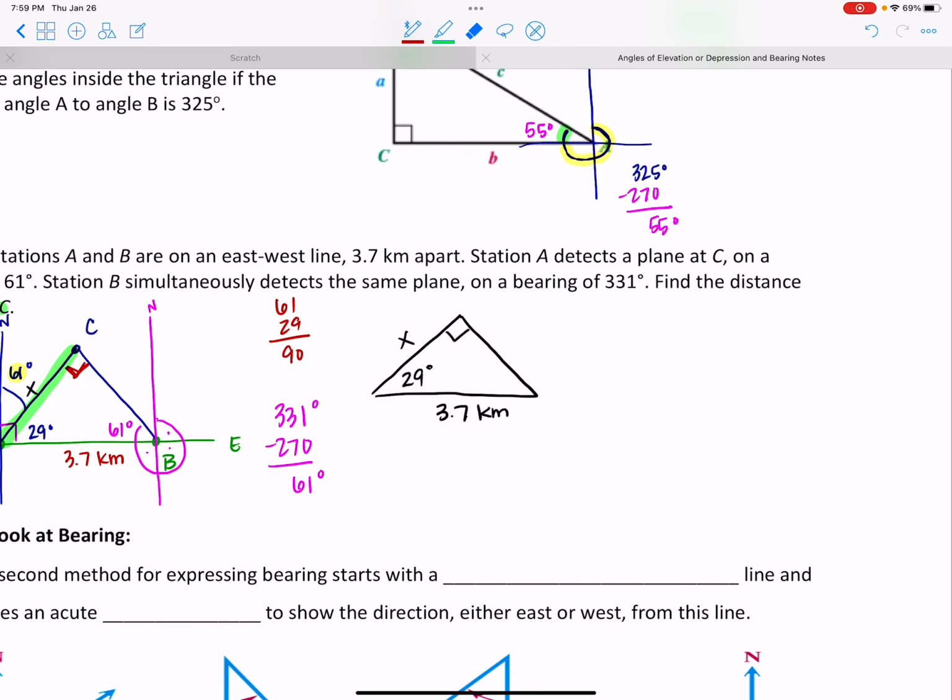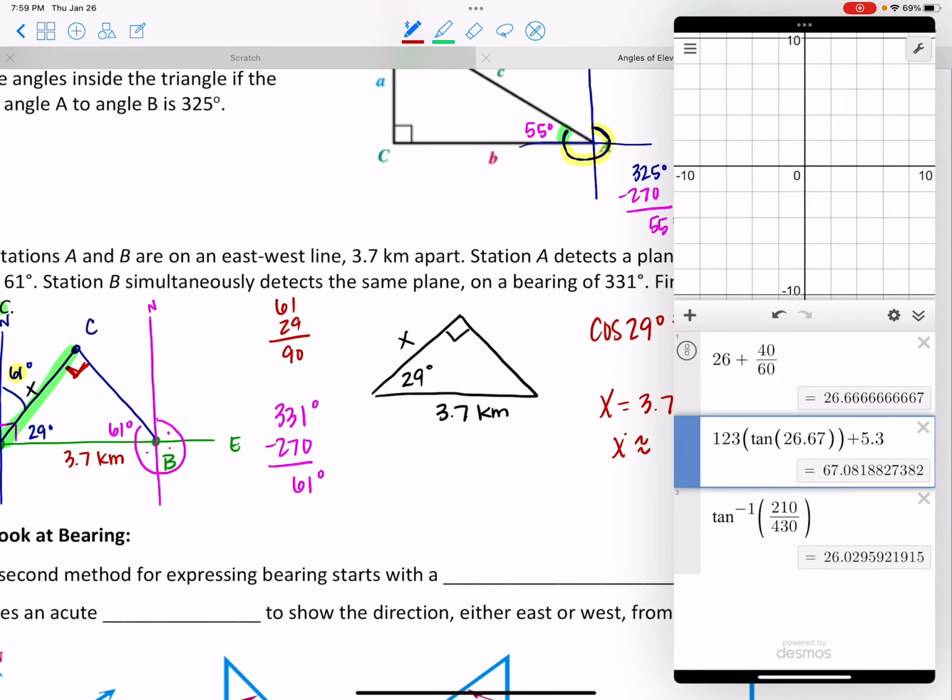But since I'm good here, I'll say the cosine of my 29 degree angle is going to be equal to my adjacent side over my hypotenuse. So solving for X means simply multiplying over the 3.7. So X is going to be 3.7 times the cosine of 29 degrees, which my calculator will approximate for me.